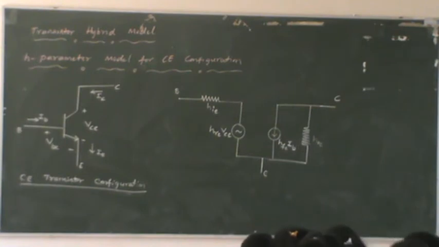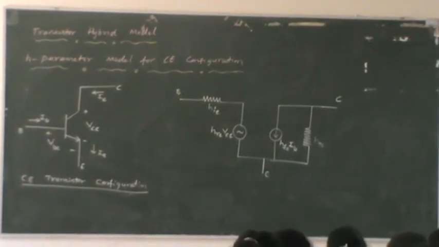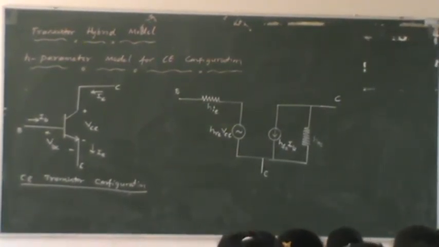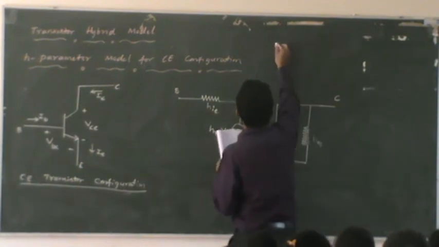These are the definitions. What is the value of H21? It is equal to HF, 21 means it belongs to output by input current. It belongs to HF. Since it's common emitter, they indicate it as HFE. The right notation, what have we changed?